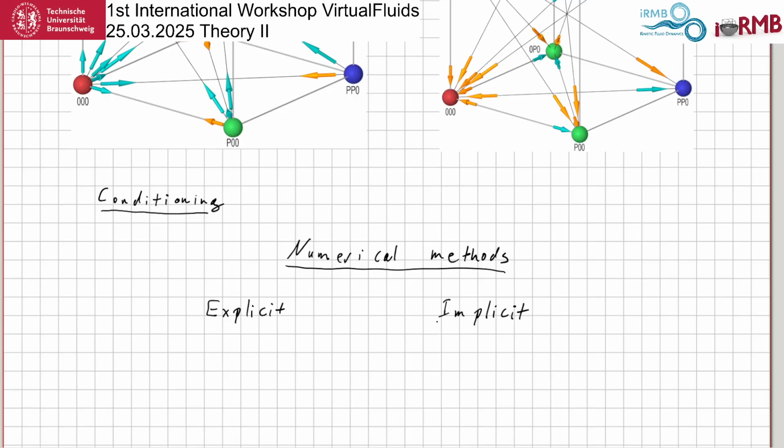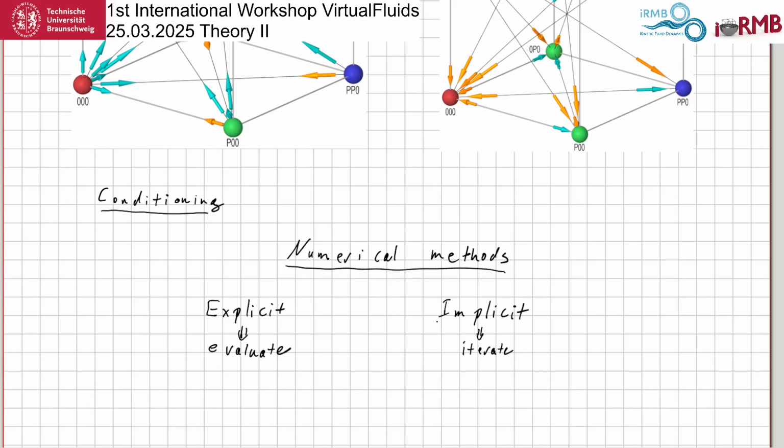The way they are different is, when you have an explicit method, you just have a function that you evaluate. So you know what you have to do. And if you have an implicit method, what you do is you iterate. You also have a function that you have to evaluate, but then you get to an approximation, and using this approximation, you iterate until you get to a result.